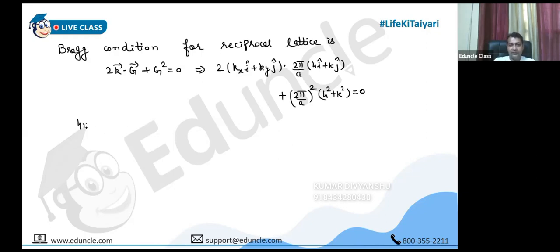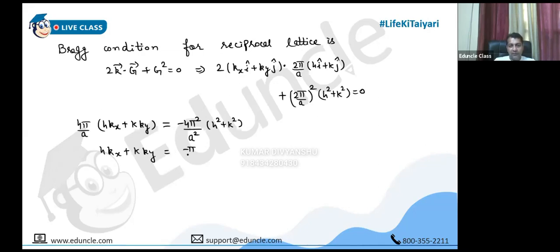So h kx plus k ky will be minus pi by a. You can call this equation number 1. Please check.